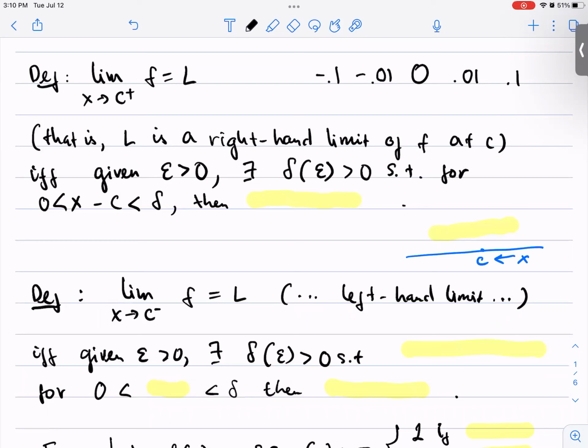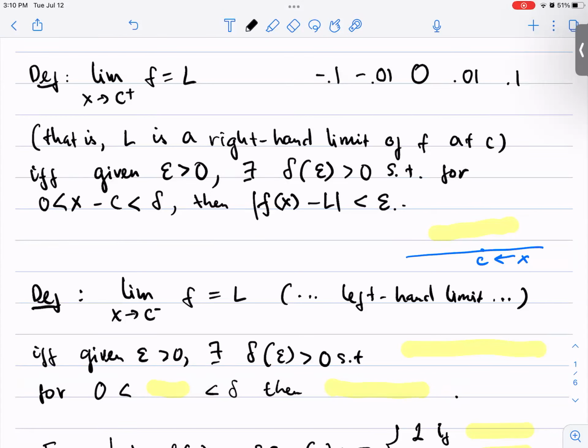Given any epsilon bigger than 0, there exists delta depending on epsilon bigger than 0, such that for 0 smaller than x minus c smaller than delta, then f(x) minus L in absolute value is smaller than epsilon. So this is a very similar definition to the definition of the limit of a function.